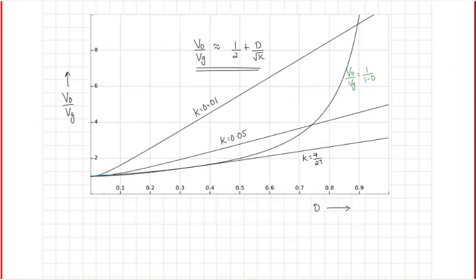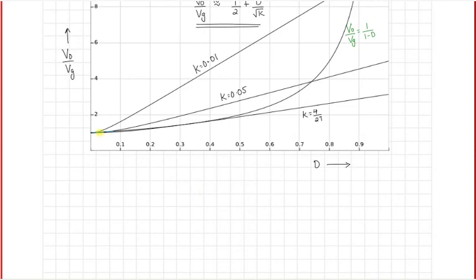And so if you operate with some value of k equal to 0.05, let's say, then the initial operation would be along this curve, right, along the curve for continuous conduction mode, and then at some point where the k value becomes smaller than the critical value of k, the operation will move along the discontinuous conduction mode line, right?